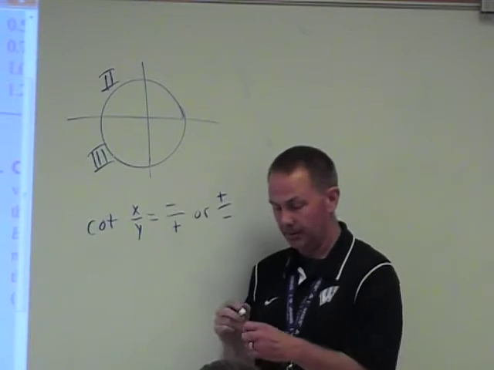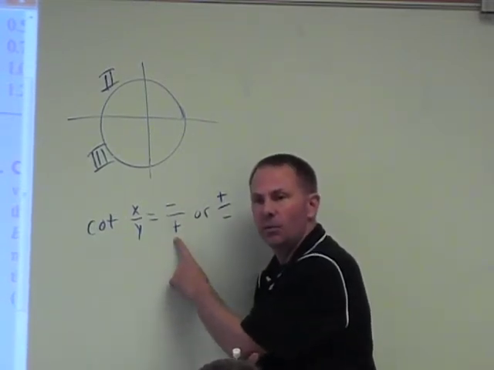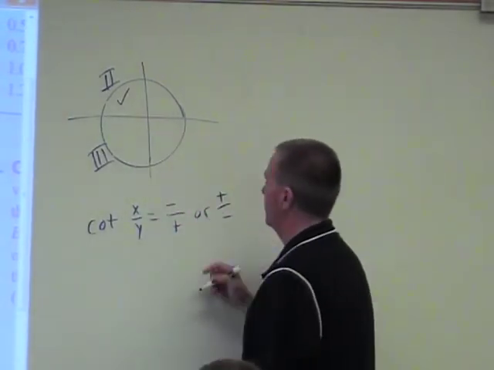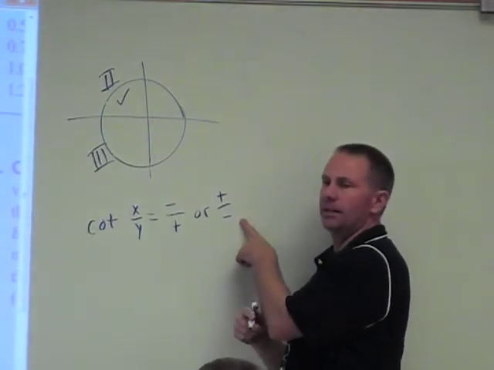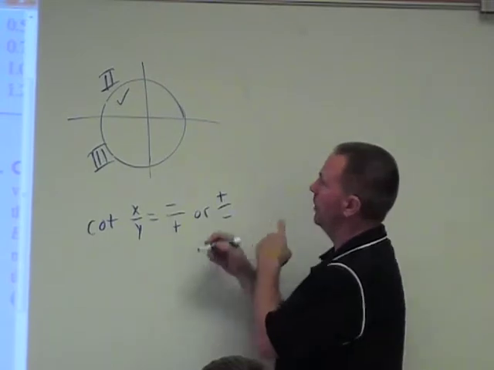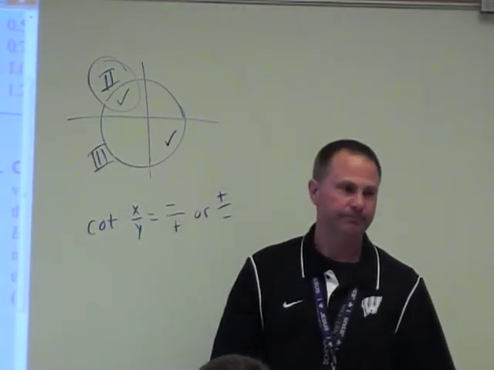Now we really got to think. Let's do this first part. Where's x negative and y positive? Second quadrant. Where's x positive and y negative? Fourth quadrant. All right, where do they overlap? Right there.